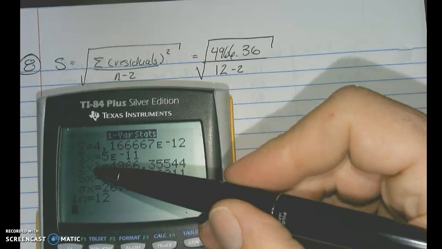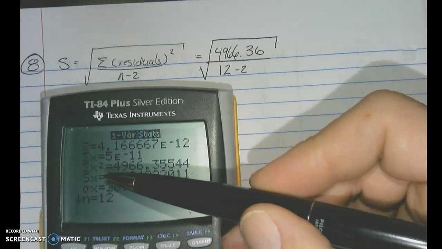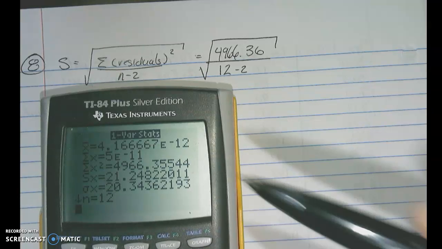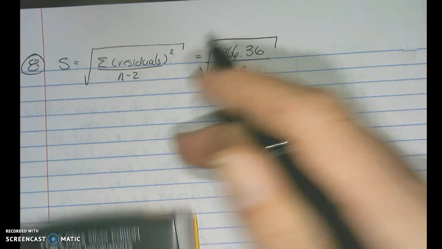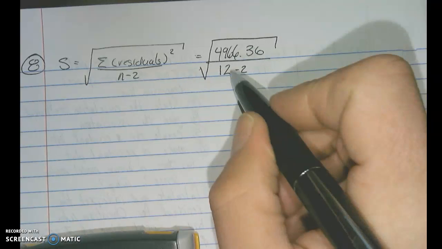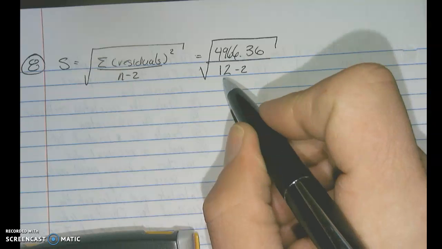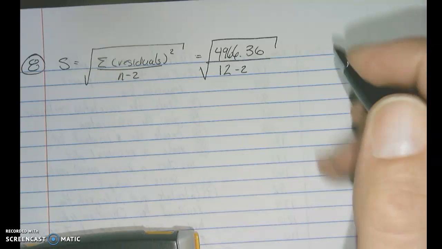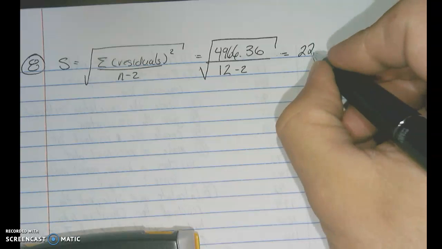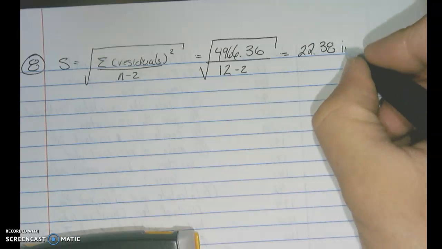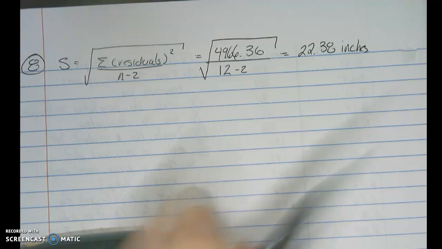We know that X represents our residuals because that's what list 3 is. So this is the sum of the residuals squared. So that's 4966.36. The 12 came from the fact that there are 12 terms. So if you put that in your calculator, you should get about 22.38 inches.